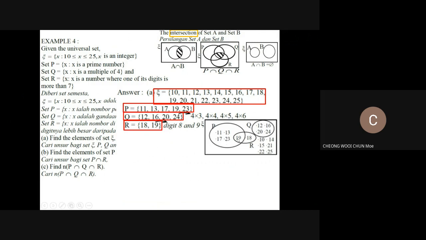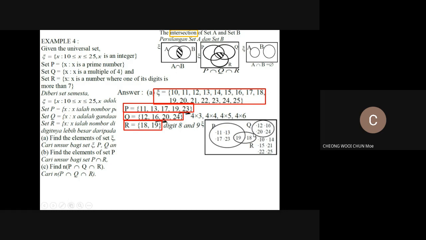Then R has 18. Nothing else is in P and Q, so 18 is alone in R. Only 19 is shared between P and R, so the rest, 11, 13, 17, 23, are not in R. Then Q has 12, 16, 20, 24, which are not inside P or R, so they are in Q only.